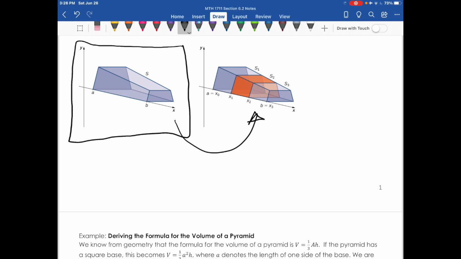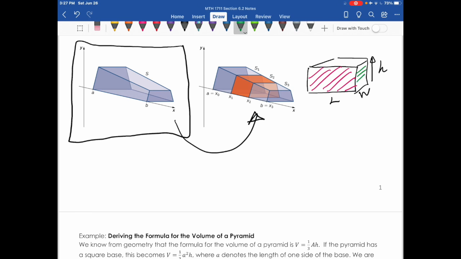So if you see this abnormal shape here, what we're going to do is picture cutting it into slices. And when we cut it into slices, we can approximate each of those slices with a rectangular prism. We have the length, we have the width, and then we have the height.